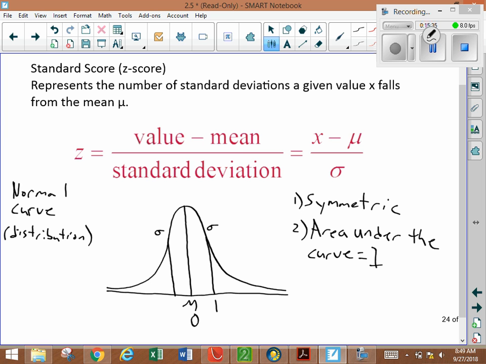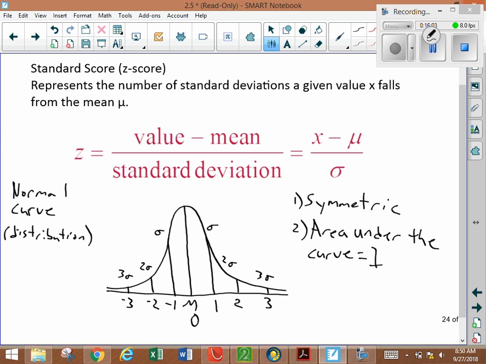We represent one standard deviation on this side as negative 1. Then 2 standard deviations is negative 2. 3 standard deviations away is negative 3. Same thing over here: 2 standard deviations away is 2, and 3 standard deviations away is 3.